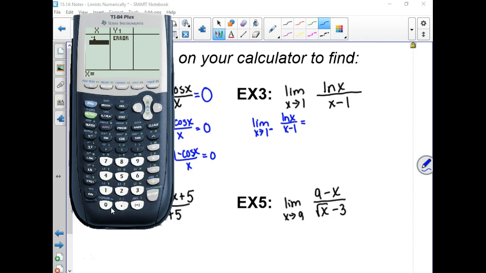Oh, that's an error too. So that's not good. Let's try 0. Oh, still an error. They won't all be. You can't put a negative in the natural log. That's why we're getting errors right now. You also can't take natural log of 0. But if we try 0.5, oh, finally, got a number. That looks better.